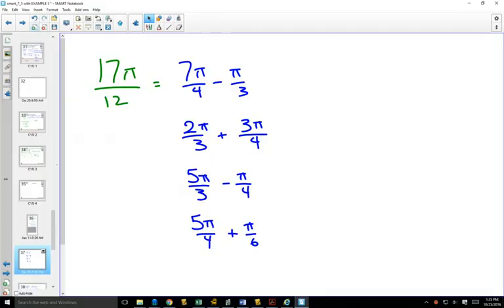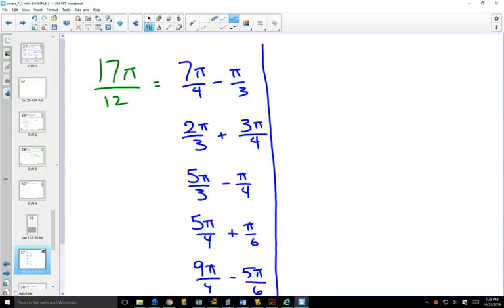Does this one work? So this will be 27 minus, yep. You got another one. There we go. 1, 2, 3, 4, 5.